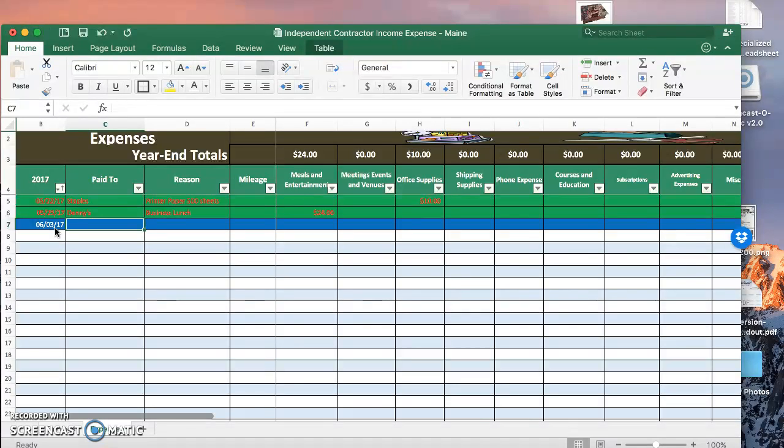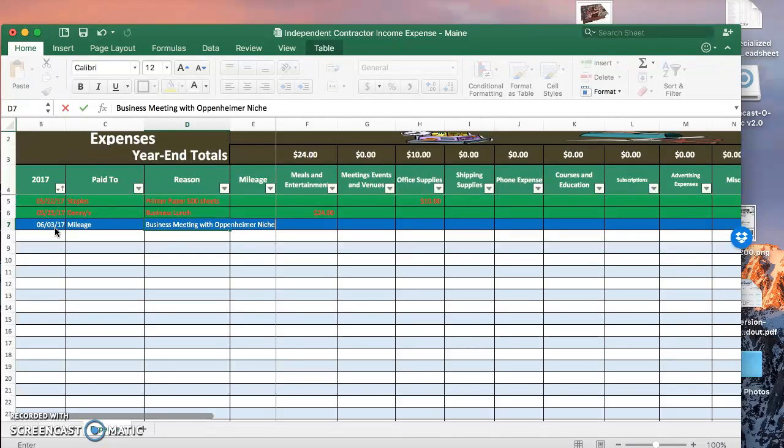So we can put mileage here, and we can say picked up merchandise, or we could even just say business meeting with Oppenheimer niche goods. And then the total mileage you can record here. So let's just say you drove down from Maine and back, and it was a whole total of 250 miles. You would then put 250 in the mileage column.